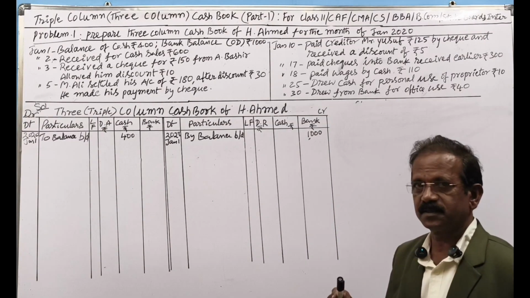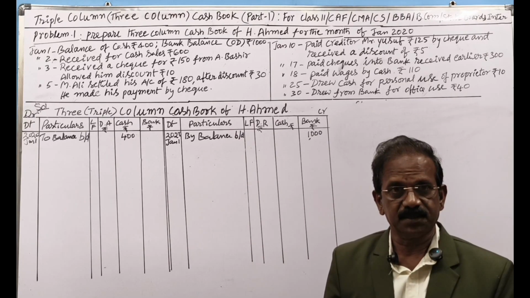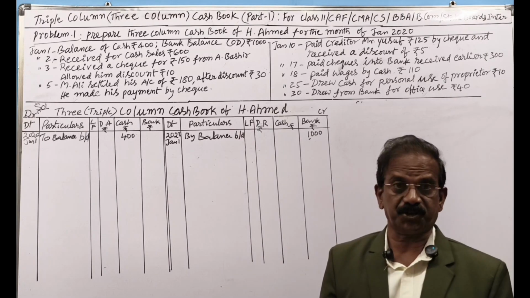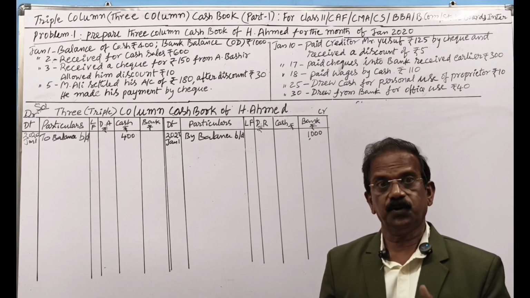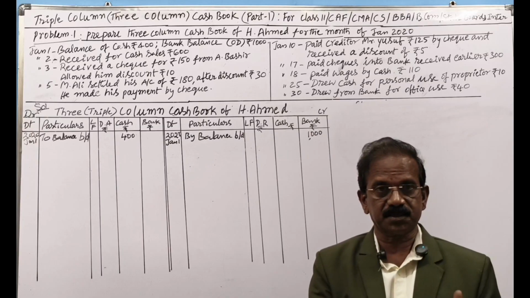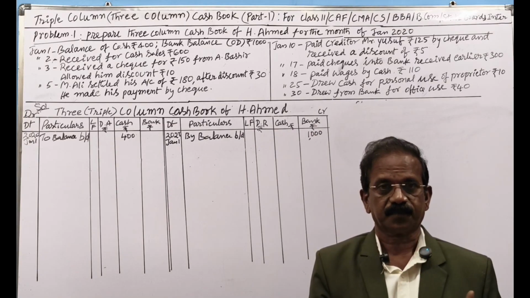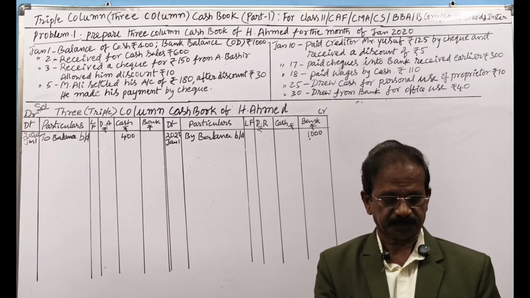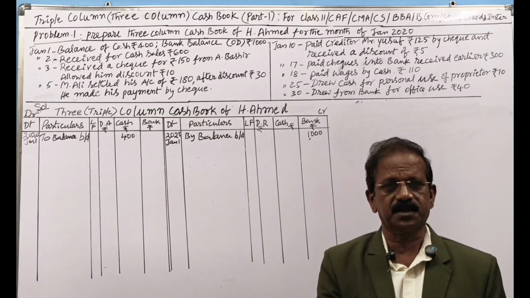How do you prepare this three column cash book for a businessman? When the businessman has both cash transactions and bank transactions. What do you mean by cash transactions? Cash transactions means the businessman receives cash by selling goods, by giving some service or some other activities, taking some commission.